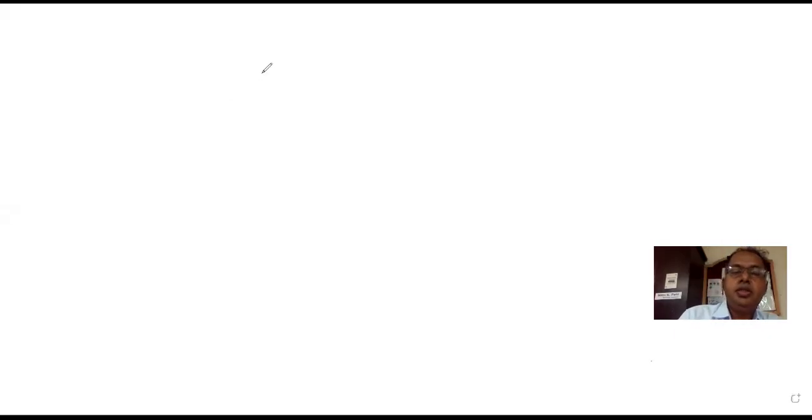Dear friends, we will be solving an interesting numerical on collision. मी तुम्हाला एक मस्त आणि अगदी प्रॅक्टिकली तुम्हाला समजेल असा एक न्यूमेरिकल प्रॉब्लेम सॉल्व करणार आहे. And the problem is on collision.